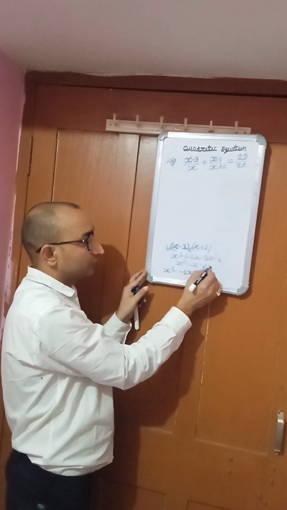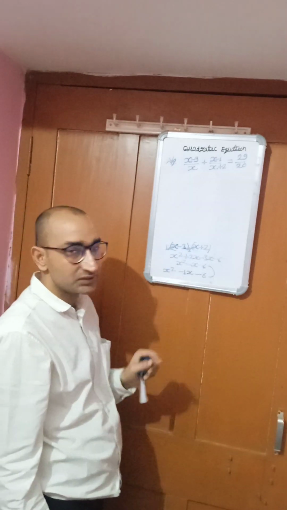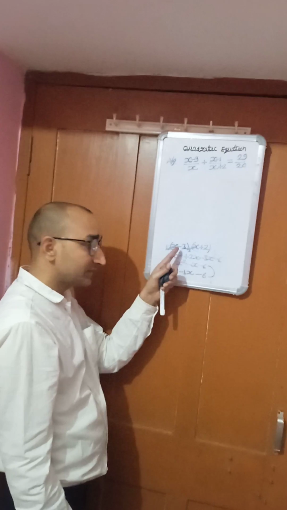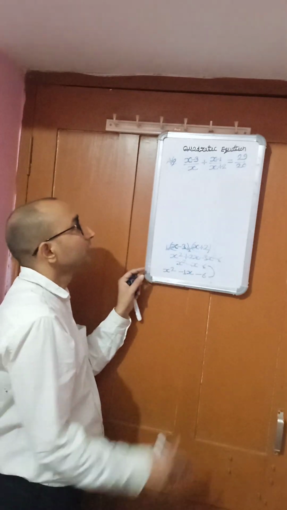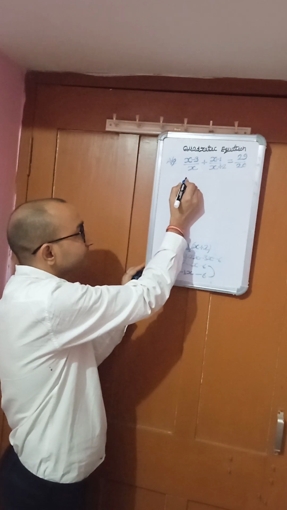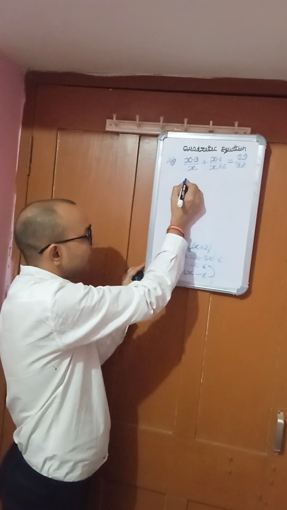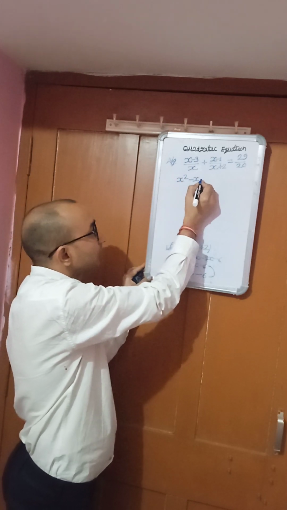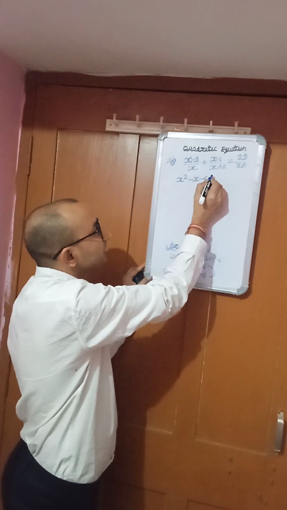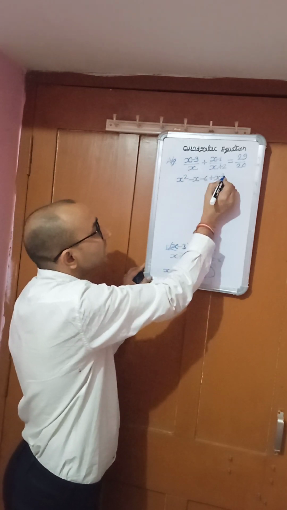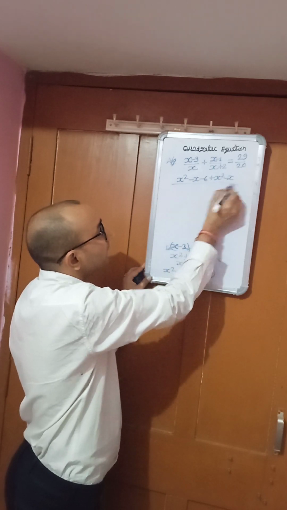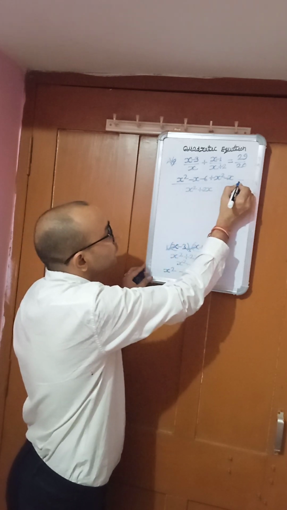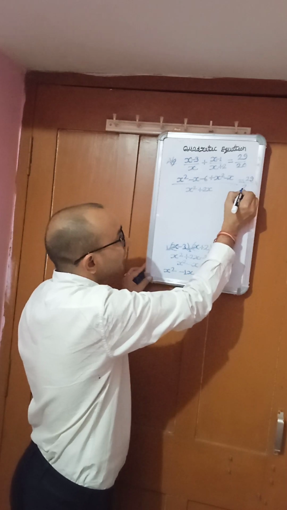Both solutions are the same, whether we multiply or use the shortcut method. So write x square minus x minus 6, and the other product is x square plus 2x, equals 29 by 20.